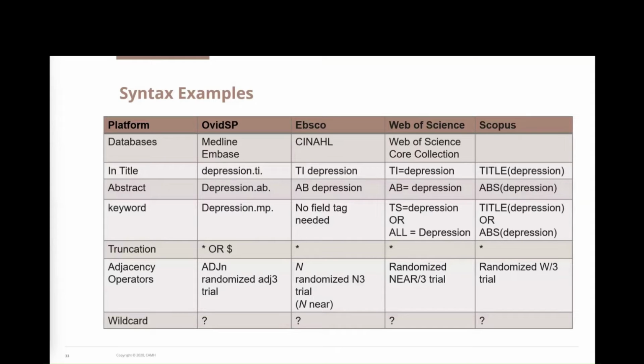Keywords are unofficial natural language terms you can search. Some keywords can be subject headings depending on the availability within the database. You can search for keywords in a variety of ways depending on the database, and most databases use a default keyword search field code. In Ovid databases, the default is .mp, which is multipurpose, or some think of it as most popular.